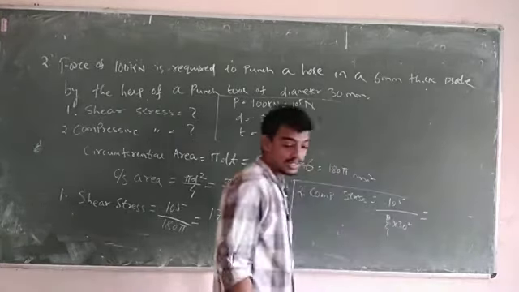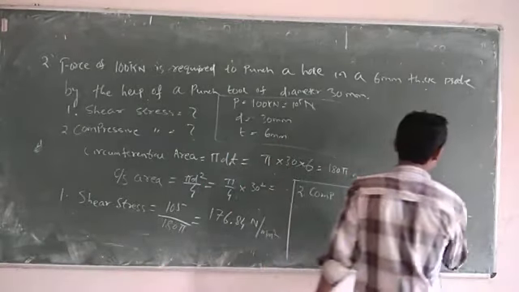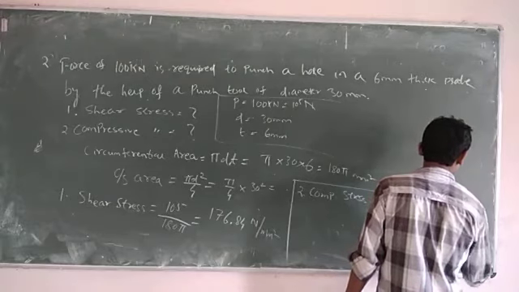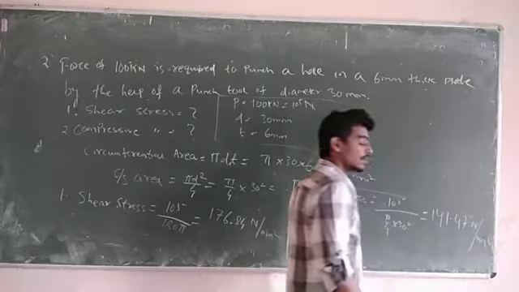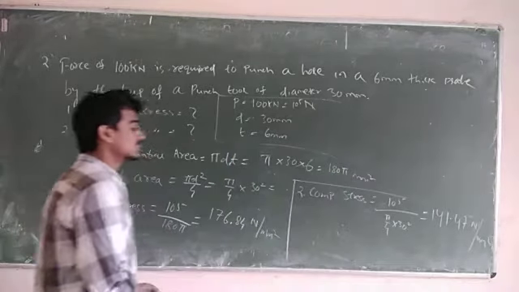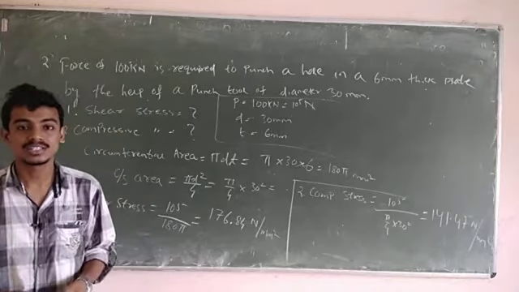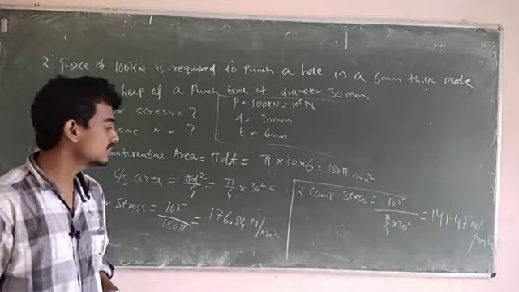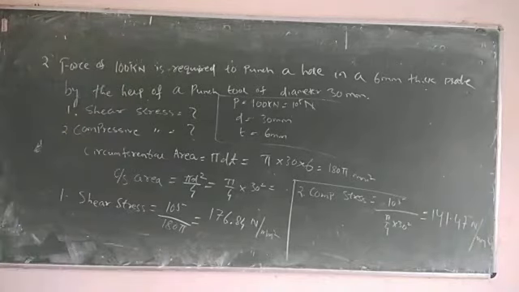So that is coming around 141.47. Clear? This is our second problem. Just you have to find out two areas, circumferential area and our cross sectional area, then the problem will be over. Next we'll move to third problem.